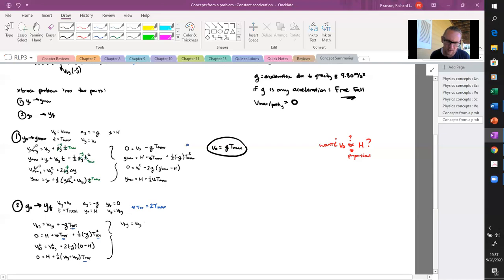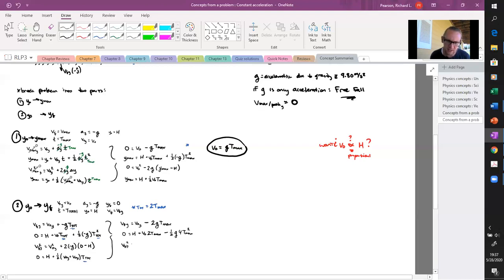V naught y minus 2g t max. This next one, we get 0 is equal to h plus v naught 2 t max minus 1/2 g 4 t max squared.